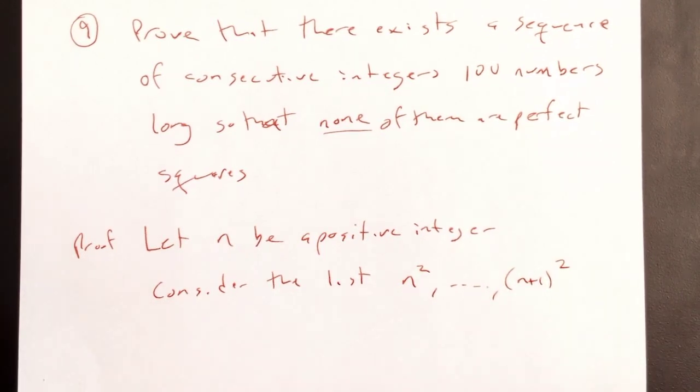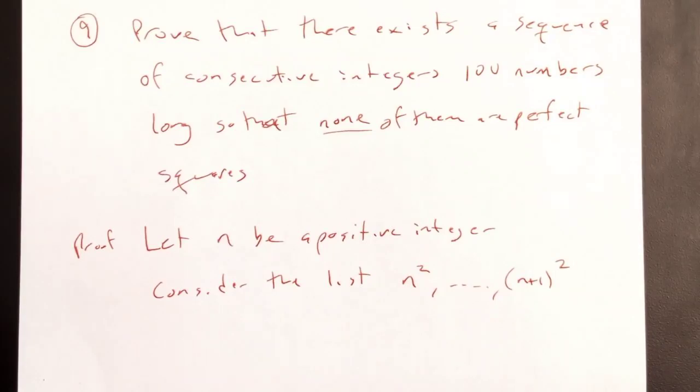So here's a list: n squared plus 1, n squared plus 2, n squared plus 3, until I get to n plus 1 squared.